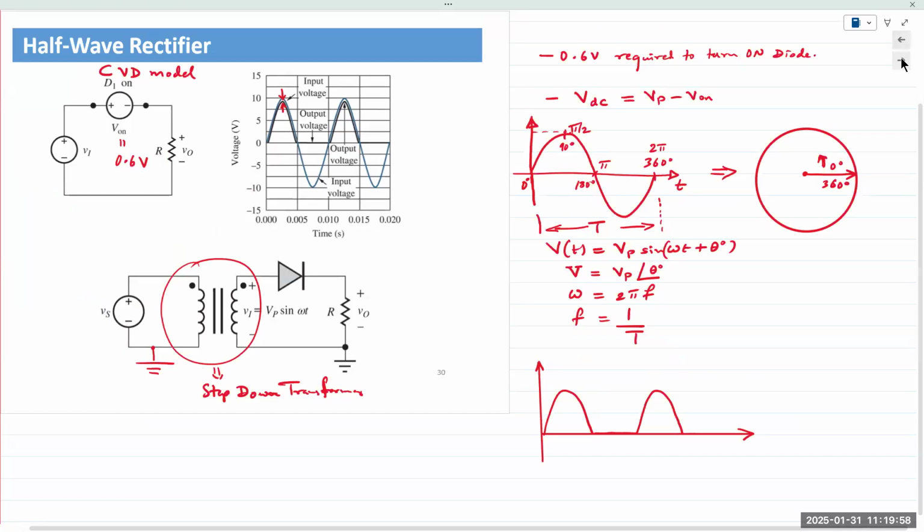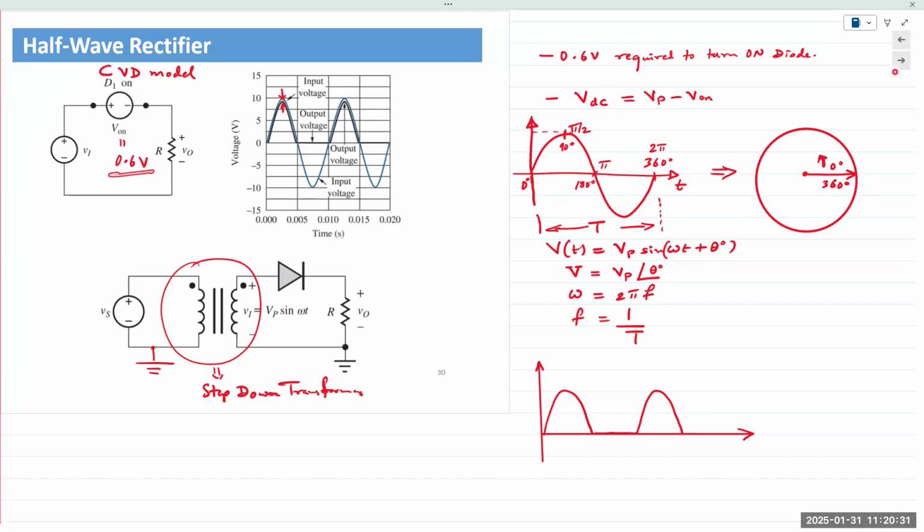Oh, I skipped over this slide. So this is a half-wave rectifier using the constant voltage drop model. The only difference is, of course, instead of an ideal diode, I'm using a constant voltage drop of 0.6 volts. That means 0.6 volts of my input Vs is used to turn the diode on. So my output V out is less by 0.6 volts.